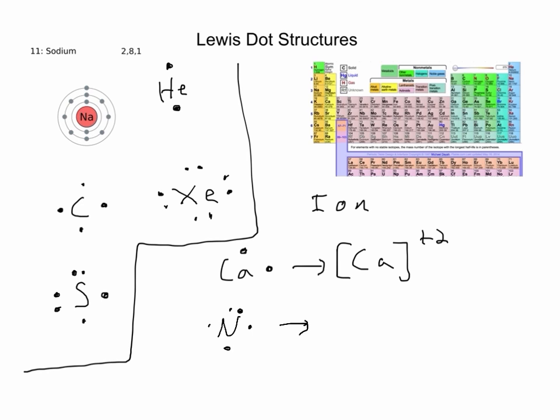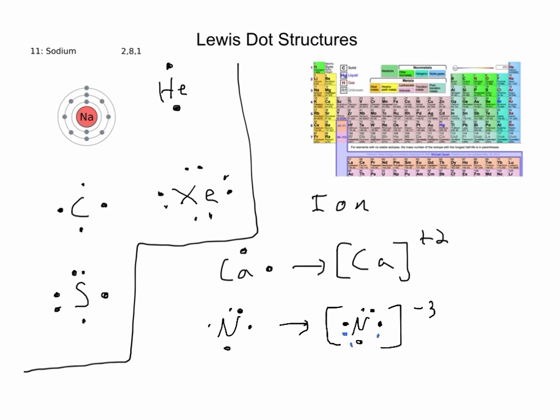Gaining 3 is easier than losing 5. So I would get nitrogen with now 8 valence electrons, and I'm going to draw the ones that were added in a different color. I started with the 5, and I add 6, 7, 8, and because I added 3 electrons, it now has a negative 3 charge.